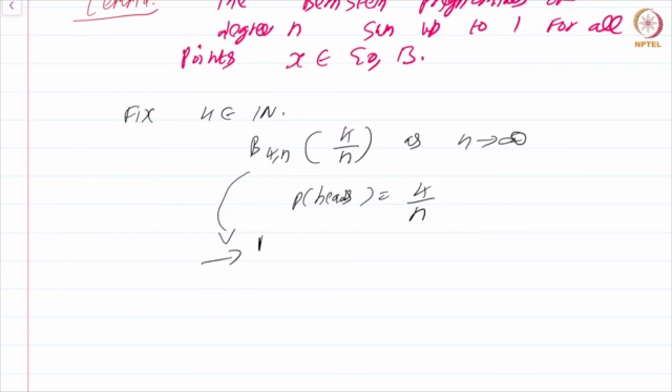This is a bit confusing because n is changing, therefore the coins are also changing. So this is merely an intuition, but it can also be given a rigorous proof, and that is known as the weak law of large numbers in probability.